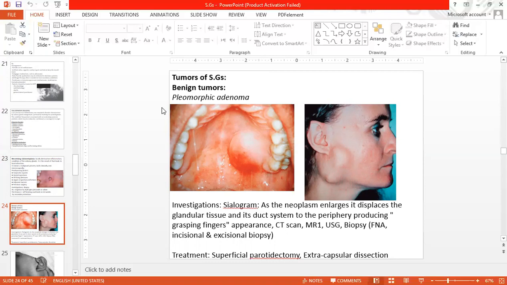FNA is an indication for diagnosis of this type of tumor, and the treatment of choice is superficial parotidectomy for the parotid gland. If we have a large tumor, we can go for extracapsular dissection, which means that we leave a cuff of normal parenchyma of parotid tissue, about 2 millimeters, around the tumor to get rid of any daughter cells that may adhere to the surgical bed and result in recurrence of the tumor.